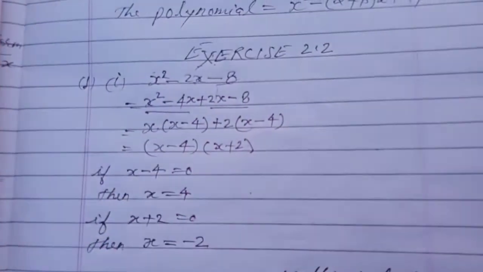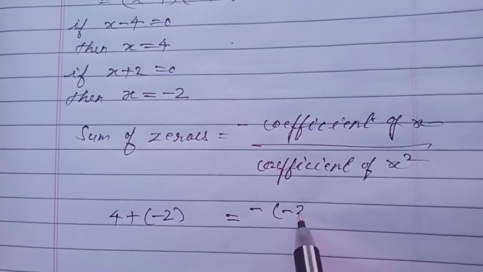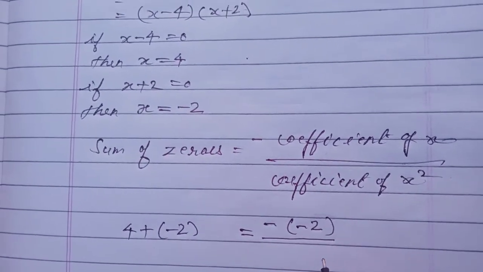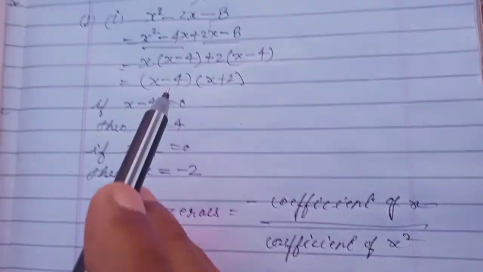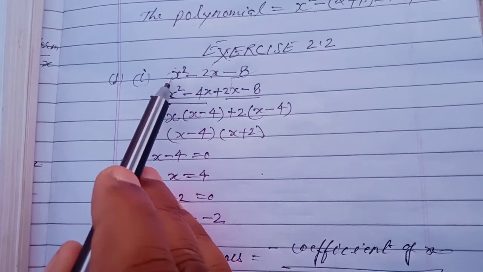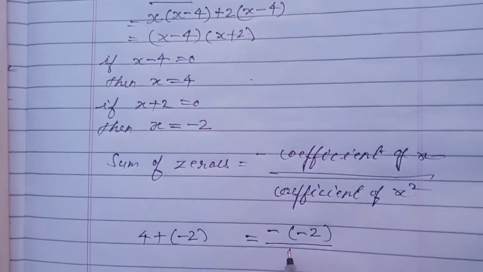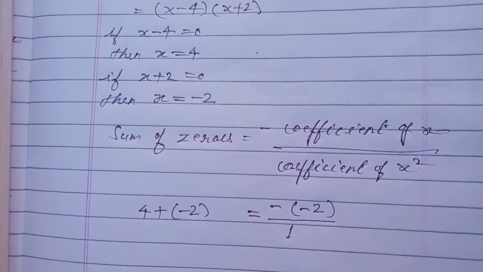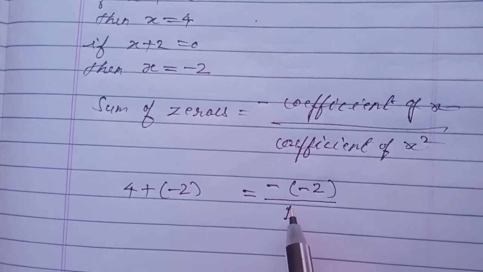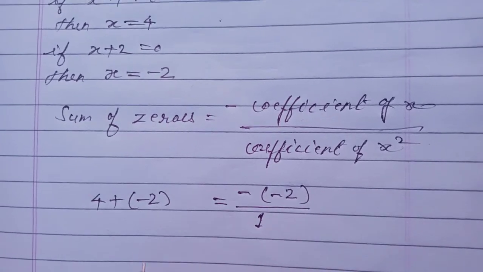The coefficient of x is minus 2. The coefficient of x square: there is no number, it means 1, and 1 is not necessary to write.